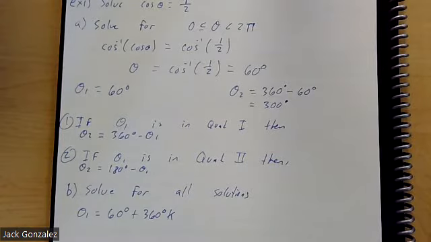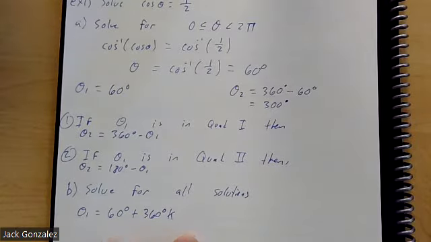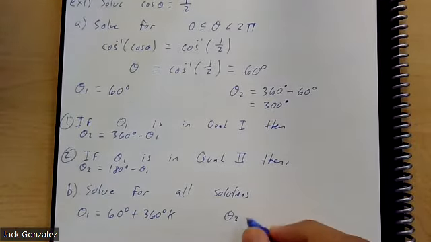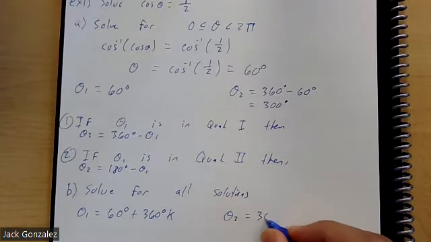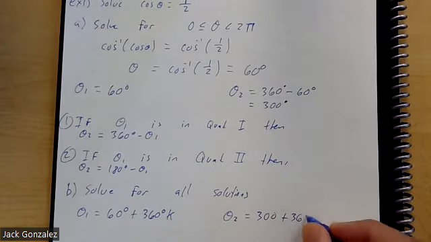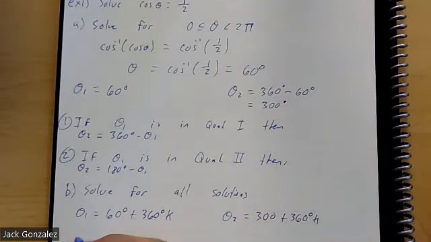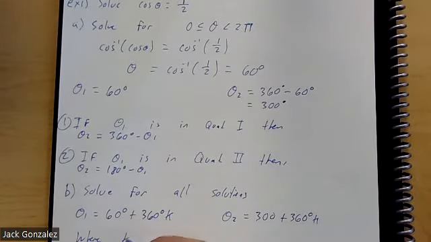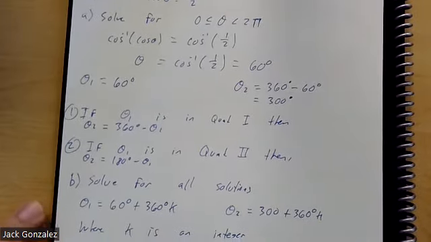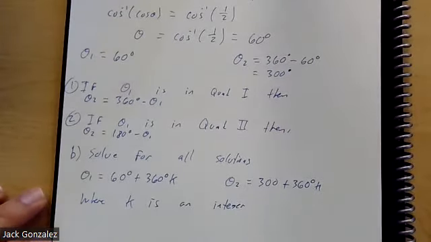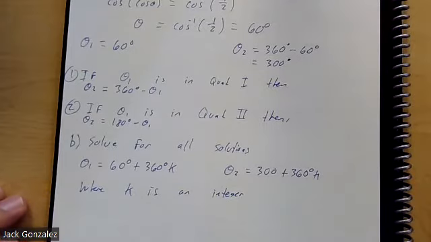I can just keep going over and over again, either negative or positive. So this set creates an infinite set, and so does the other one. So if you want all solutions, if it is not restricted, just add this piece where K is an integer. So K is a whole number, positive, negative, which also includes 0. Okay?